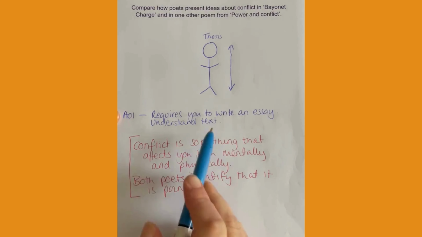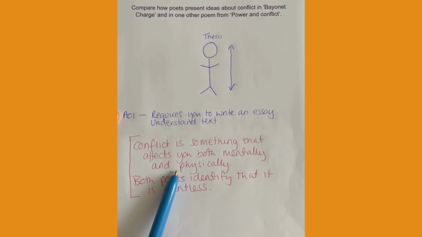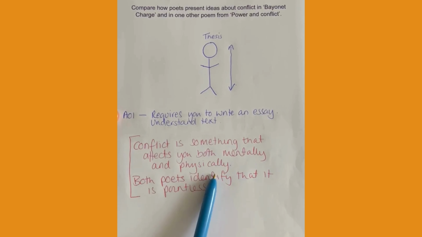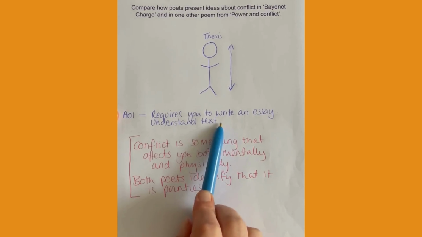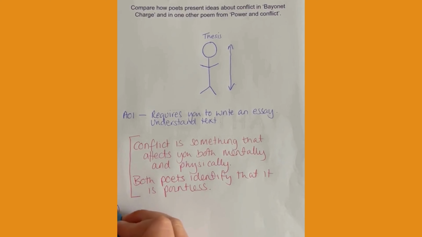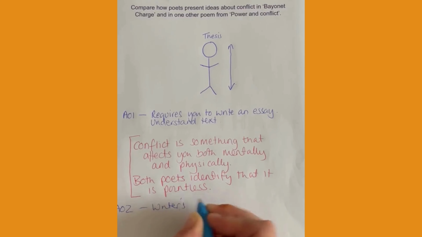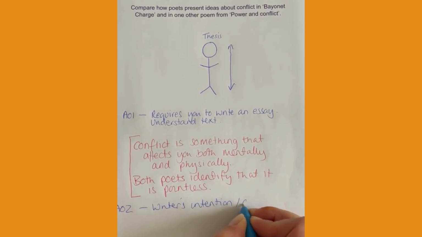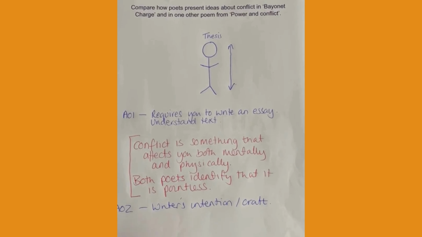So, writing an essay, writing an introduction, that is shown from our thesis statement. Understanding the text, we need to be really clear about what happens in both texts, but in a really precise way. AO2 is about writer's intention and writer's craft, and therefore we need to identify in that introduction what they do and acknowledge them as writers.